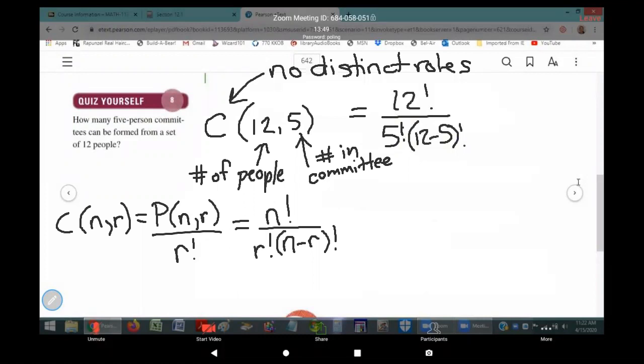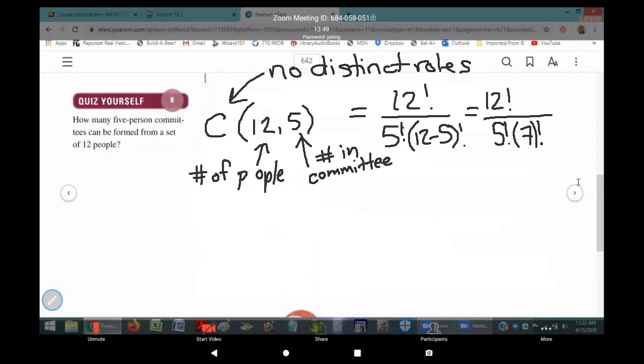All right, let's continue our problem. 12 factorial divided by 5 factorial times 7 factorial, which I could have taken out of the parentheses at that point.